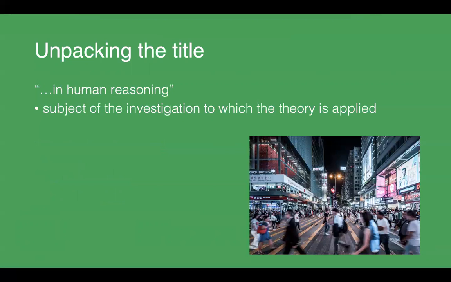The next part of the title, in human reasoning, refers to the subject of the investigation to which the theory is applied. So in short, the title means that we are collecting data from human subjects to determine whether these subjects reason in accordance with rules of reasoning for belief change in artificial intelligence.